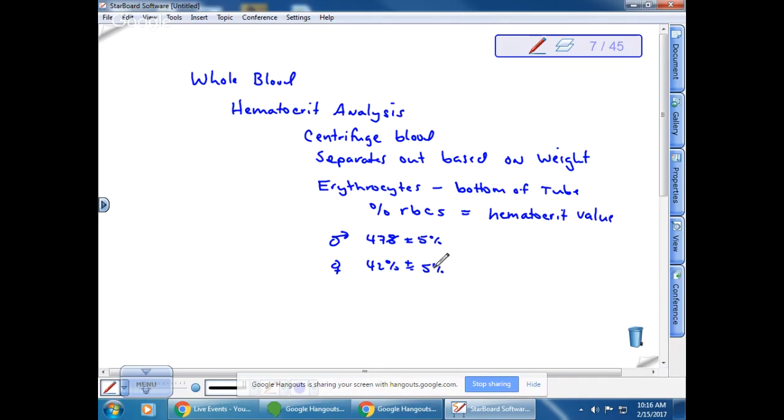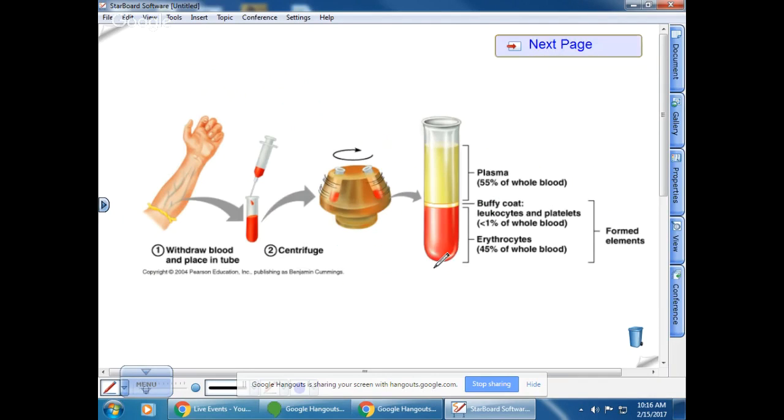In your book, there's a diagram that shows this process. If we spin out the blood, we have the erythrocytes, and then what is referred to as the Buffy coat. The Buffy coat, located right here, is white in color, and it contains the other blood cells that are in the whole blood. Those together with the red blood cells are called the formed elements.